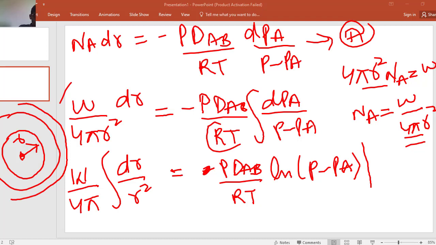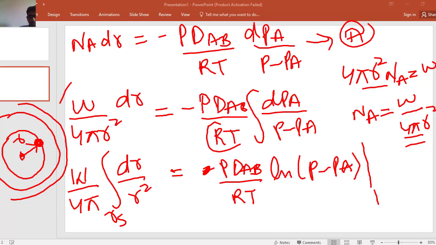When r is equal to rs, PA will be equal to PAS. The pressure of water at this point will be equal to the vapor pressure of water at the droplet temperature.